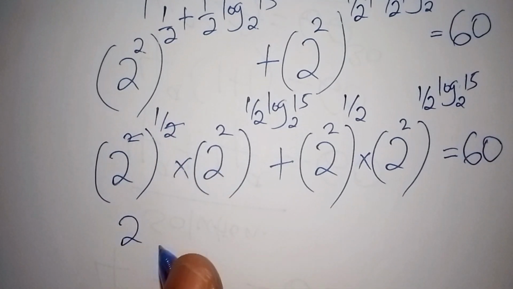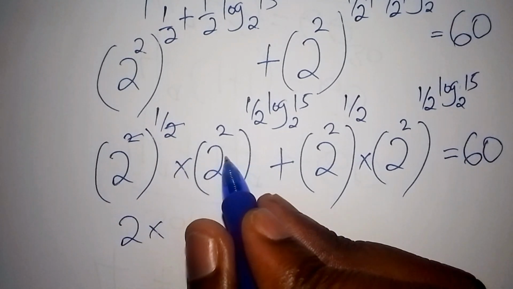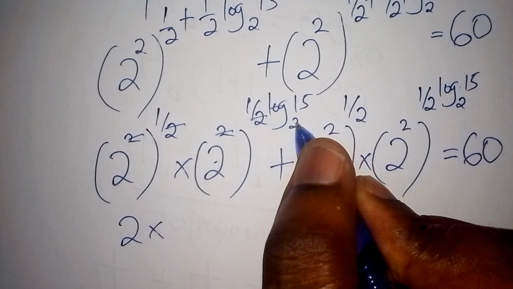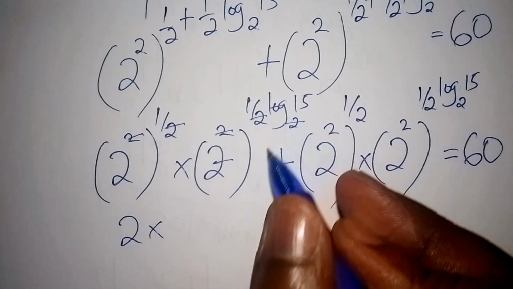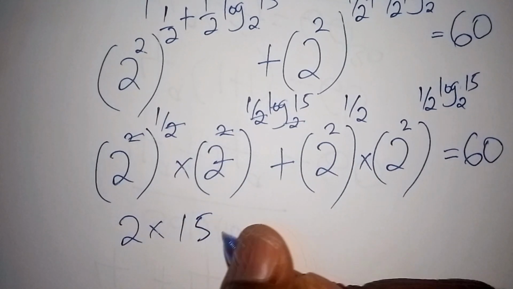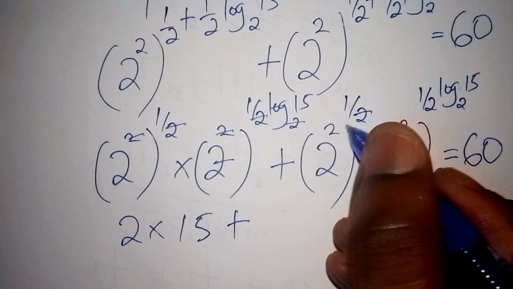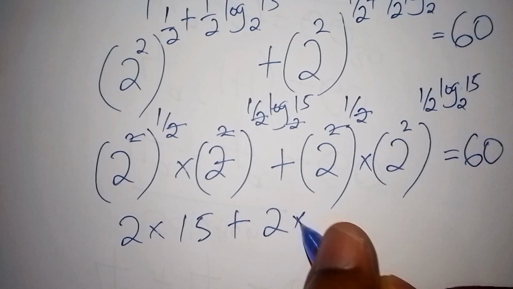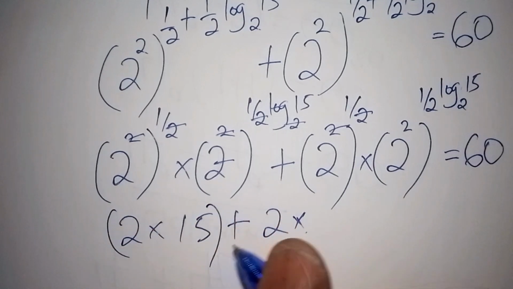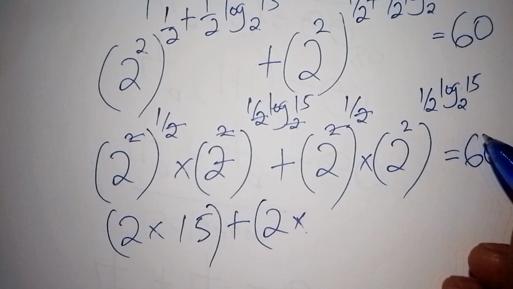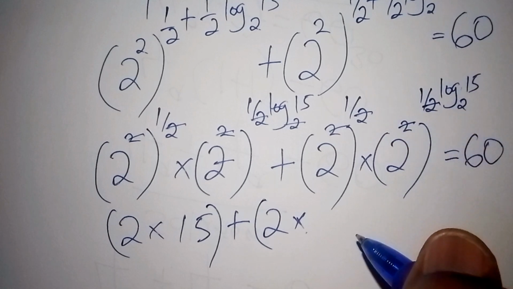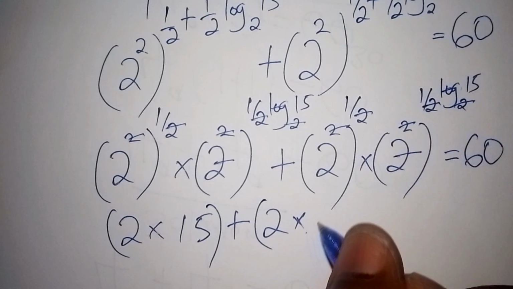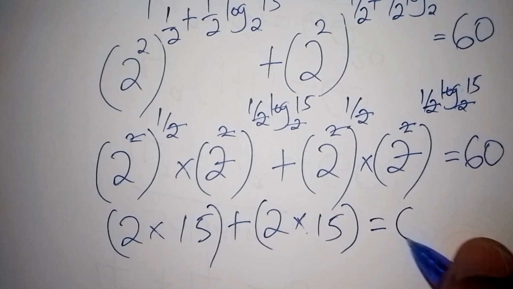So now we shall have 2 multiplied by, the log to base 2 shall cancel this 2, so we shall have 2 multiplied by 15, then plus here 2 and 2 shall cancel, so we shall remain with 2, then multiply by, allow me to put them into bracket, then multiply by, 2 by 2 shall cancel, so the log to the base 2 shall cancel this 2, so now we shall have 15, then is equals to 60.